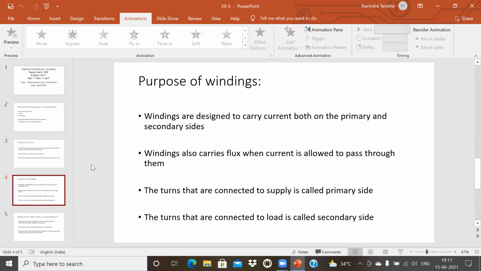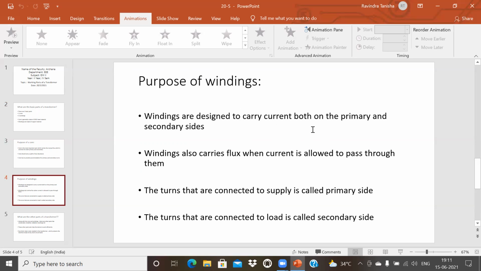Now let's see the purpose of the winding part. What is the necessity of having these windings? Windings are designed to carry current on both the primary and secondary sides. Why should it carry current?